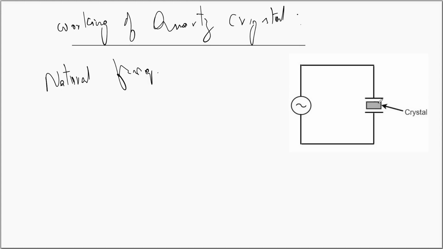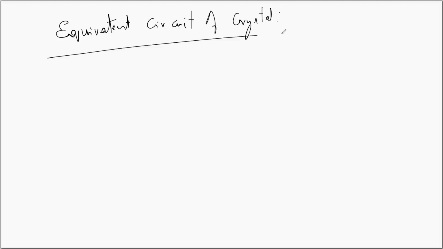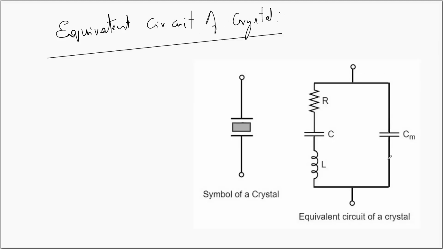Since we have a quartz crystal between two parallel metallic plates, we can have an equivalent circuit for the quartz crystal. The equivalent circuit of a crystal in an electronic circuit looks like this. A crystal in an electronic circuit is represented using this symbol, that is two parallel plates between which you have a rectangle, and its equivalent circuit consists of an LCR in series.